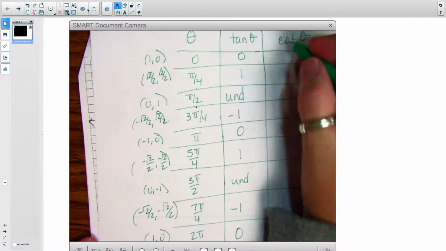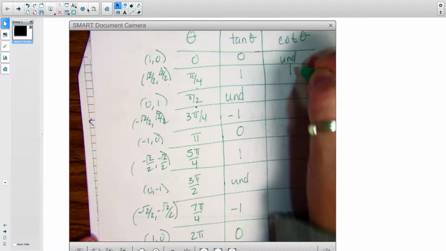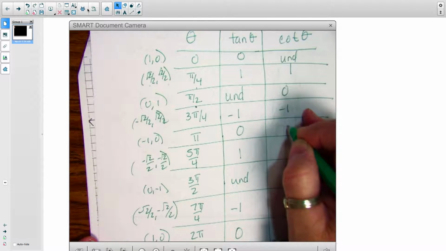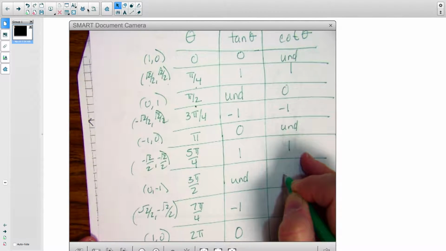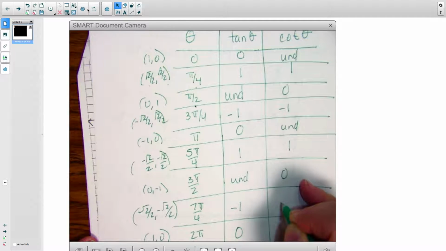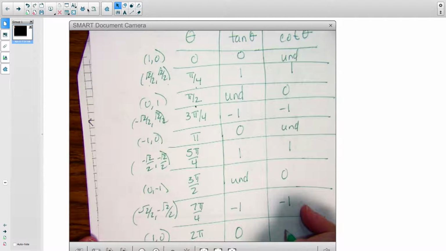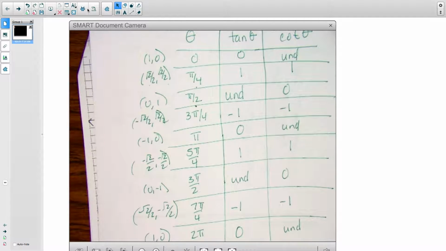So this one is undefined. 1, 0, negative 1, undefined. 1, 0, negative 1, undefined. Go to your graphs and label them the same way we've labeled all the other ones.